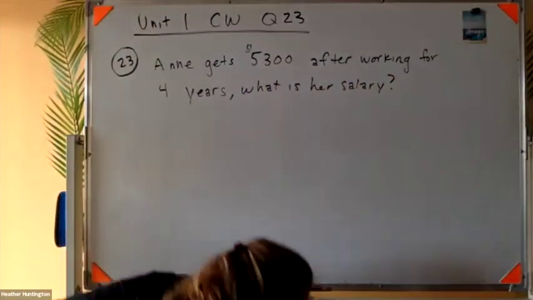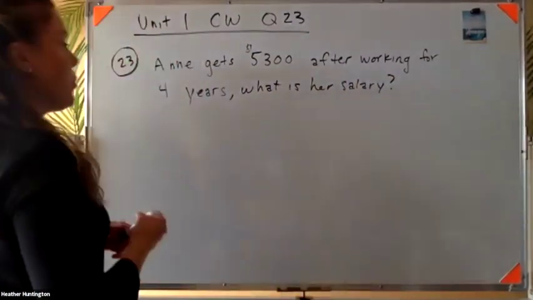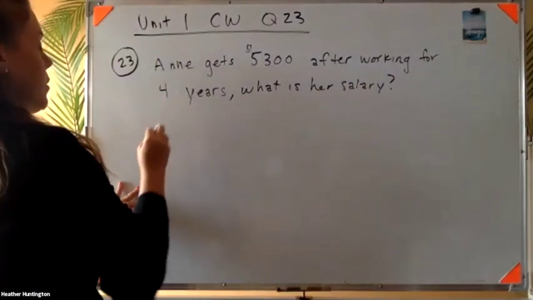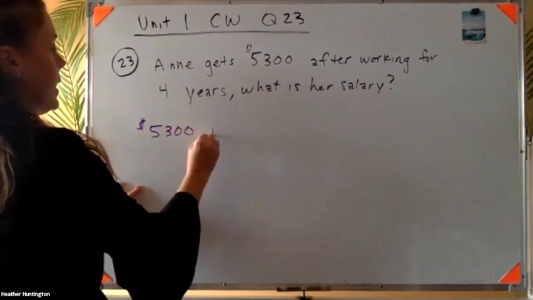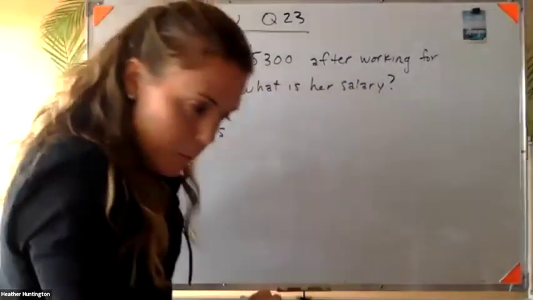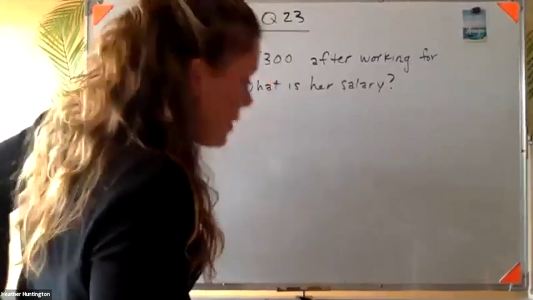So we can break this down into the percent proportion if we like. So we know that 5,300 is, okay, well, what percent? So it's 4 years, so it's going to be 10%.